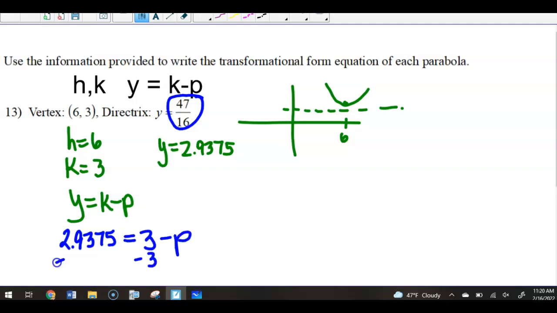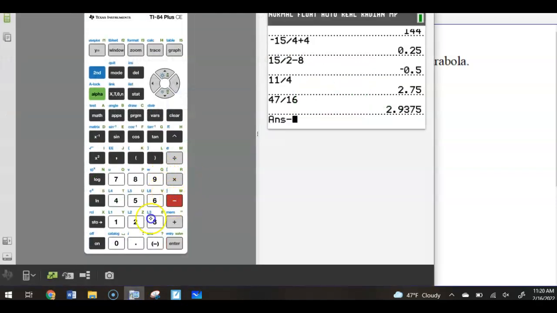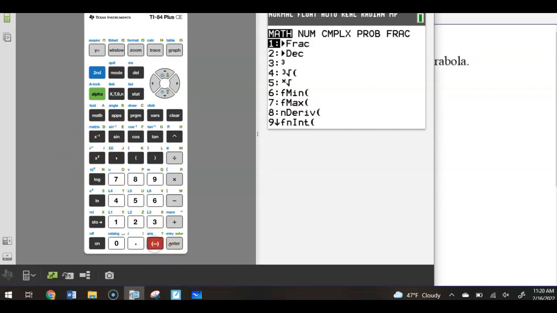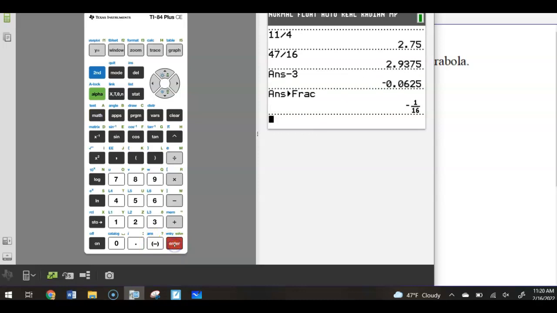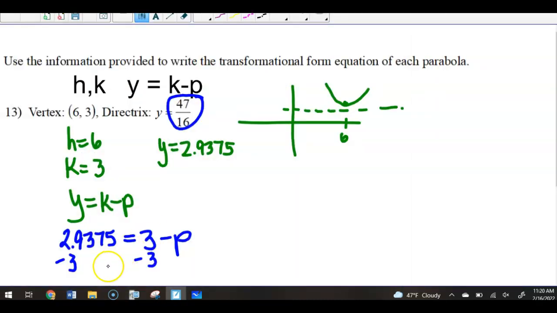So if I subtract 3, I get -0.0625, or if I do a math enter, I get -1/16. So I have -1/16 equals negative p, or p equals 1/16. So it's just a 1/16 of a unit above and below. But all we need to do is fill it in.